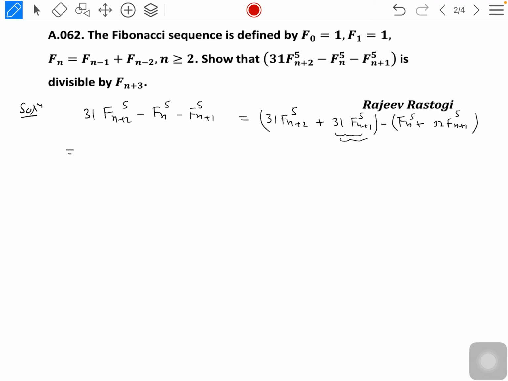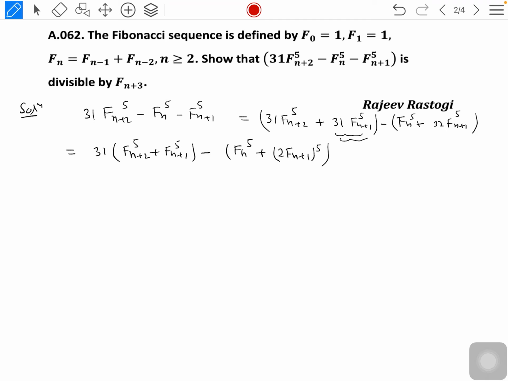Okay, so we can take 31 common from the first bracket: f(n+2)^5 plus f(n+1)^5, minus f(n)^5 plus (2 f(n+1))^5.